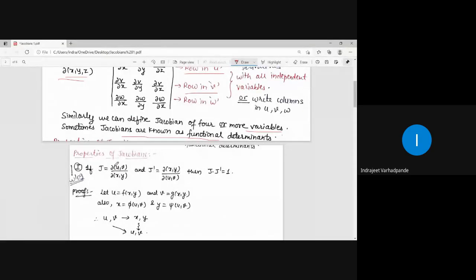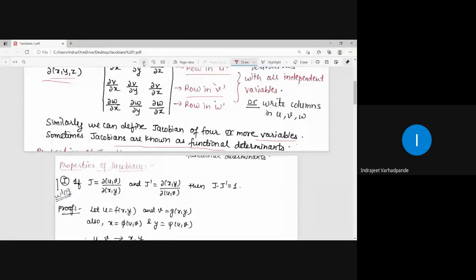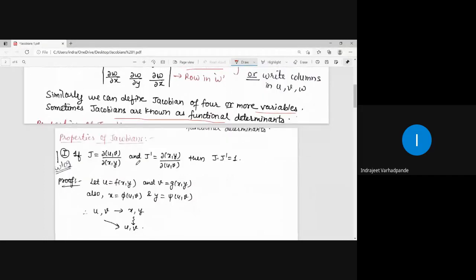If J is equal to del of UV upon del of XY and J dash is del of XY upon del of UV, then J into J dash is equal to 1.